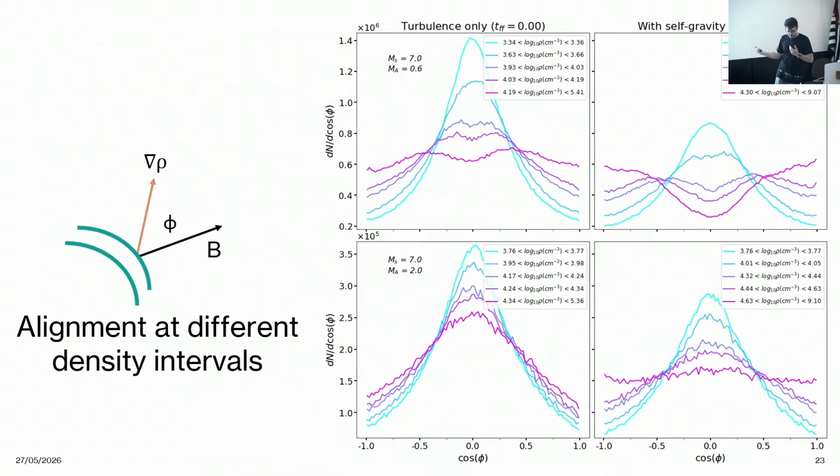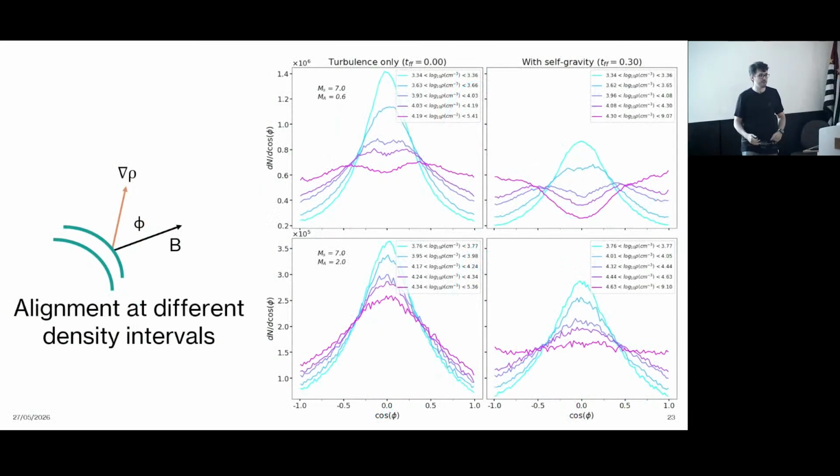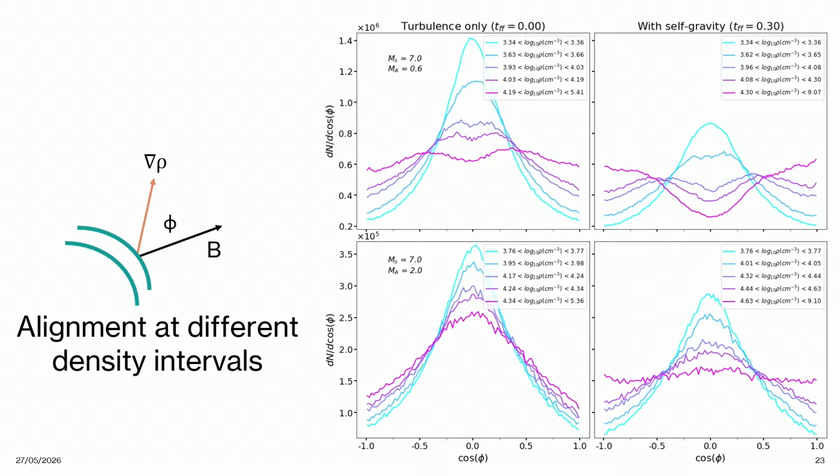And well, if we then calculate the histograms of relative orientation, we can see this is with turbulence only. Above is the supersonic sub-Alfvénic case, where the magnetic field is important; below, not so much.